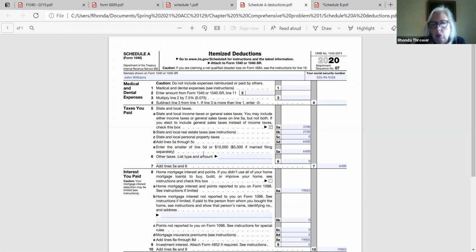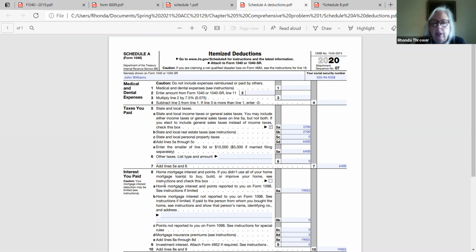Then on E, we're going to enter the smaller of line 5D, which is $10,000 or $5,000 if married filing separately. And the smaller is line 5D, which is $6,400. There were no other taxes, so we're going to add lines 5E and 6 together, and that gives us $6,400 that he can deduct for his taxes. And that goes on Schedule A.